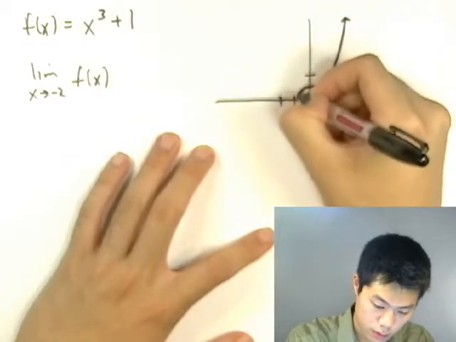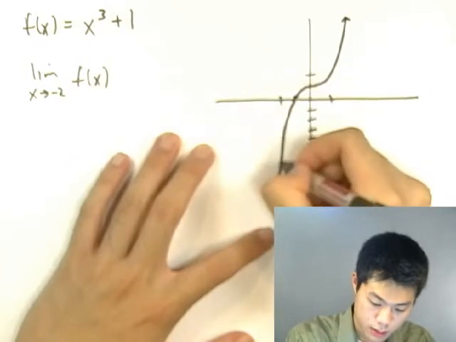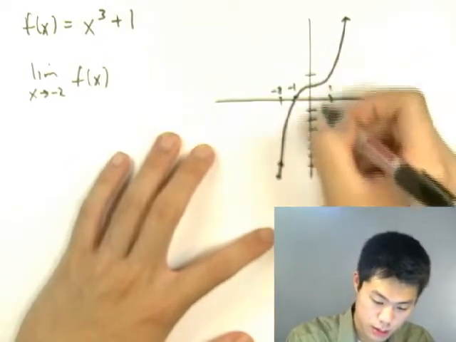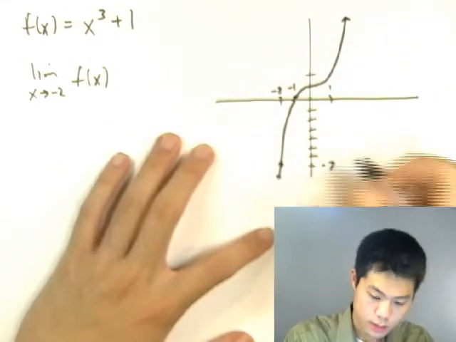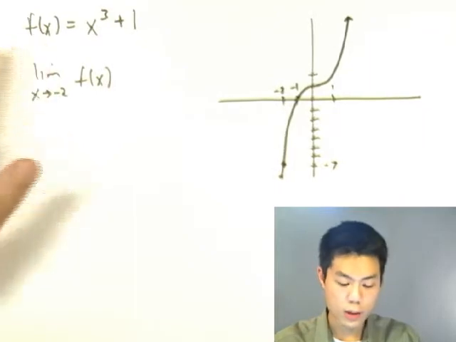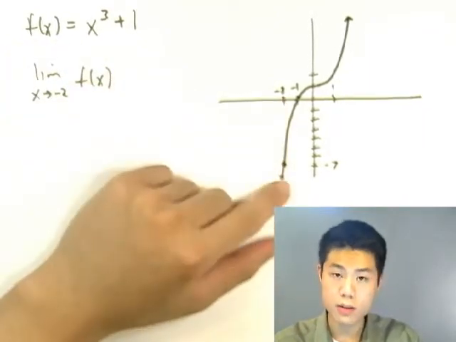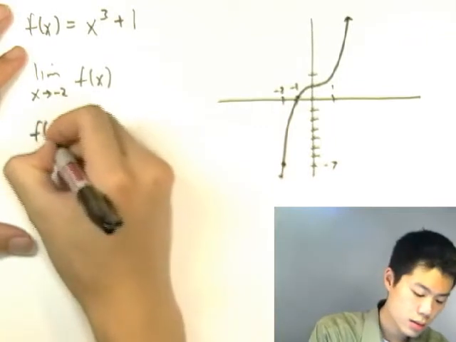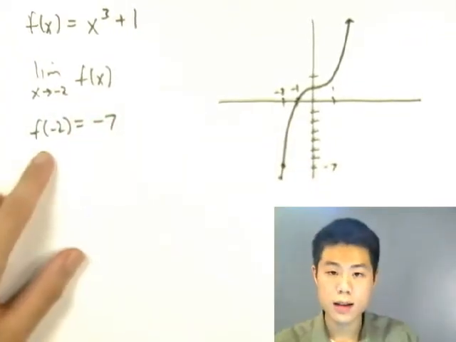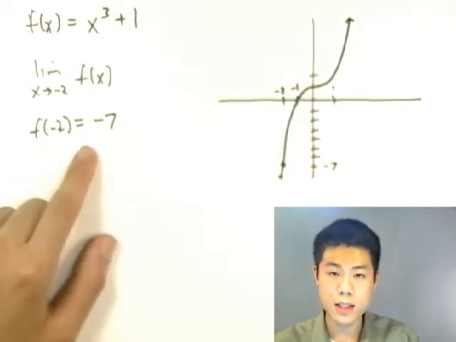Not perfect, but close enough. Notice that in this problem, we do have a value for f of x at x equals -2. F of -2 does exist, and that equals -7.